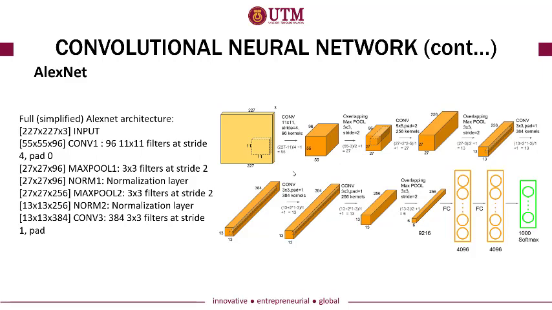In the original well-established AlexNet, the input is 227 times 227 times 3, and the output is 1000, which represents 1000 classes of image. Meaning the input is an image, and it will classify which of these 1000 classes the image belongs to.